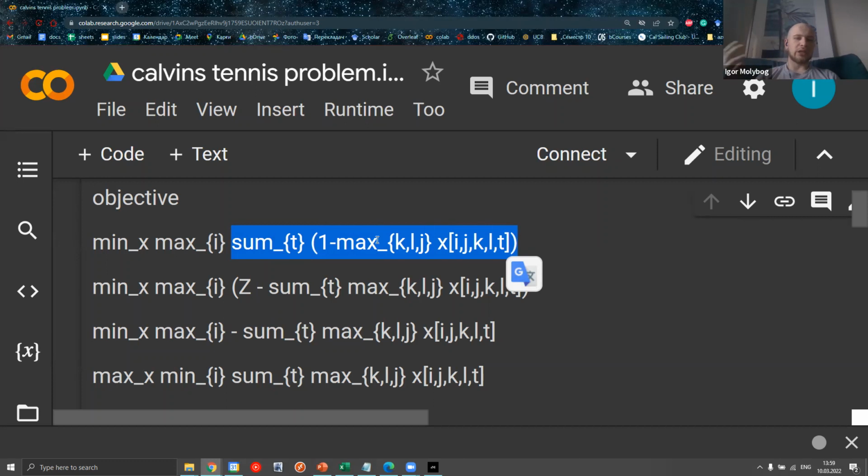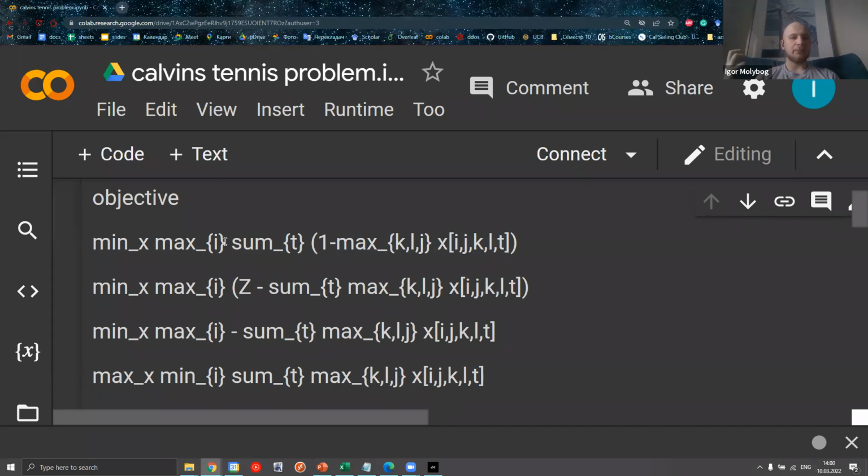meaning that we are summing up all of the times that the player i did not play, and then we are maximizing over i. So we are maximizing over the players the number of times that a player did not play.